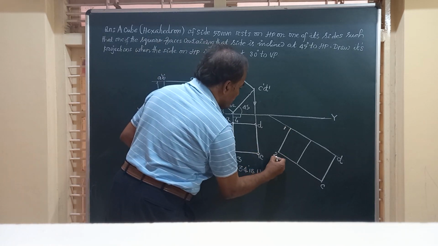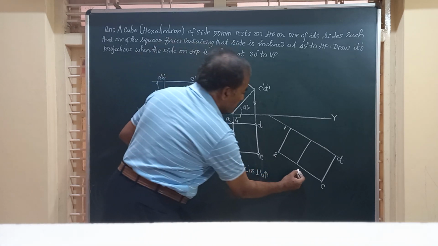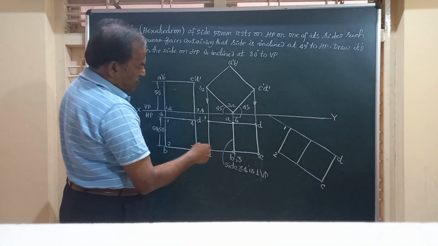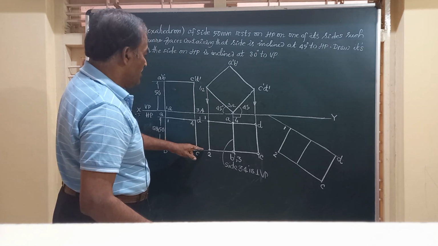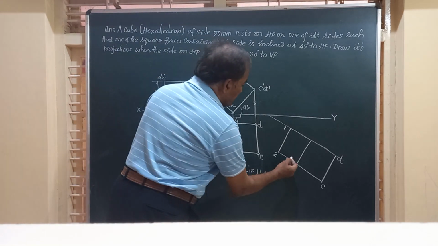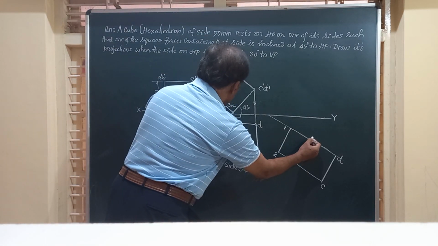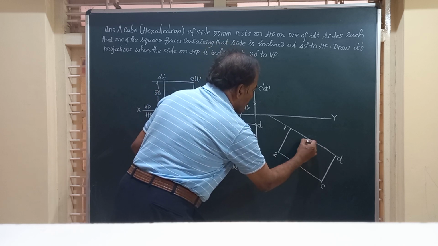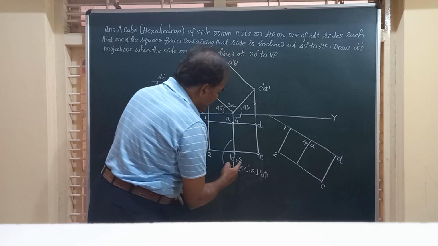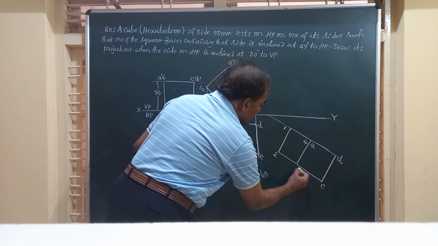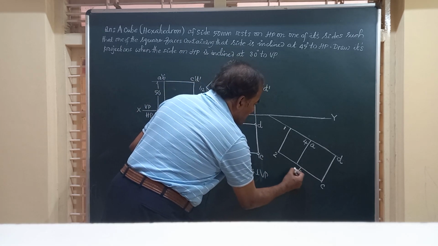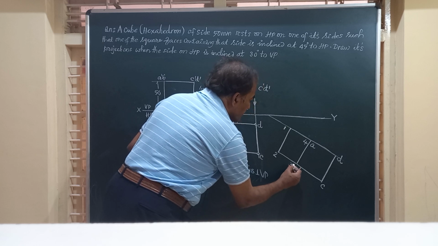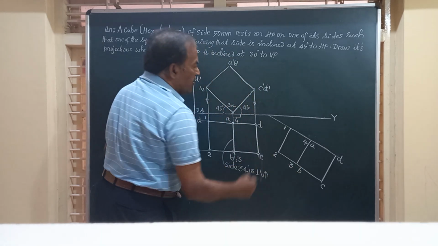This is 2. This point is 3. 1 2, and then AB. AD, you get A 4 D. This is A 4. This is D. On the other side, C B 3, and then you have this point 1.